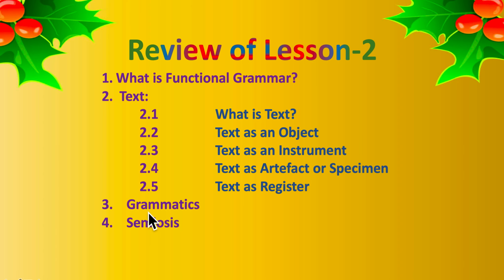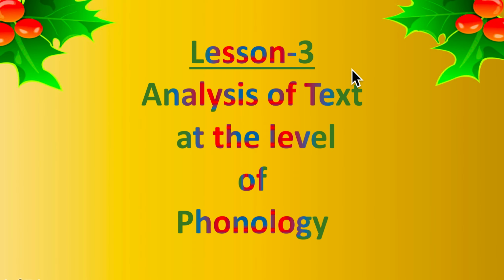Then we talked about definitions of grammatics and semiosis. These are the topics we discussed in detail in lesson 2. Please go back to lesson 2 and try to recall all these points so that we understand our present lesson in a much better way.